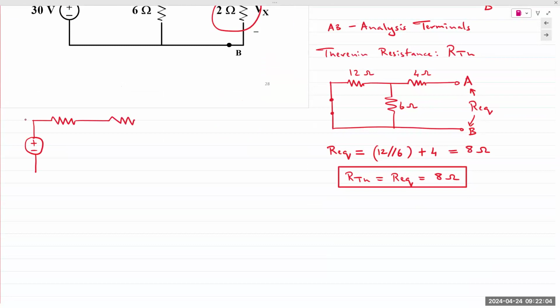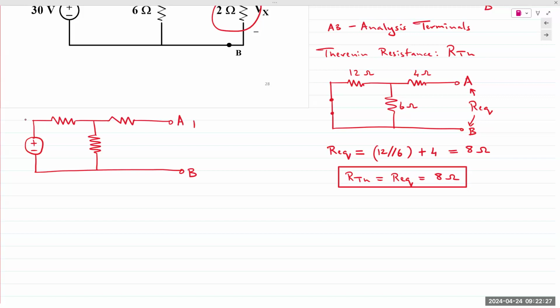So in the exam or in the quiz, if I ask you, draw the circuit that is required to determine Thevenin voltage, this is the step. Okay. You're going to draw out the original circuit with the terminals of analysis A and B.